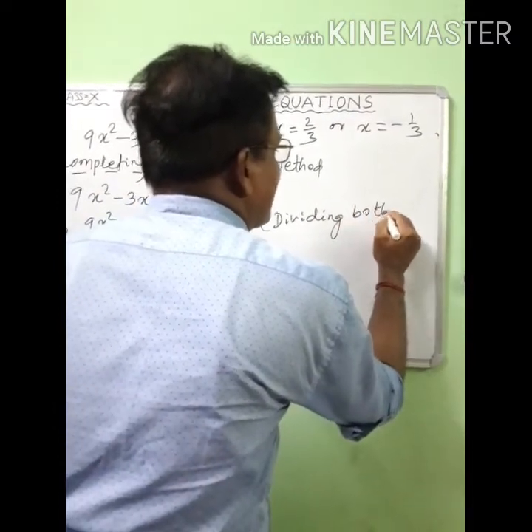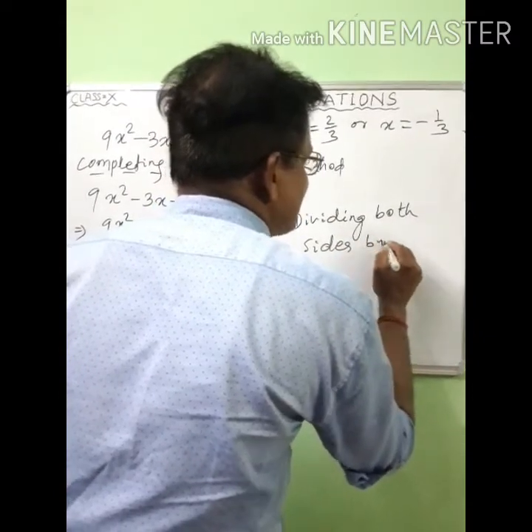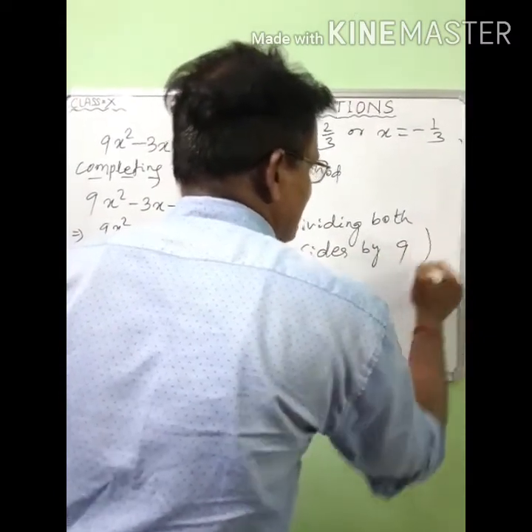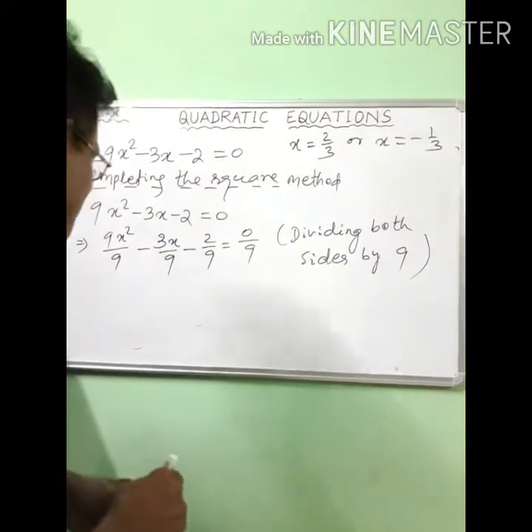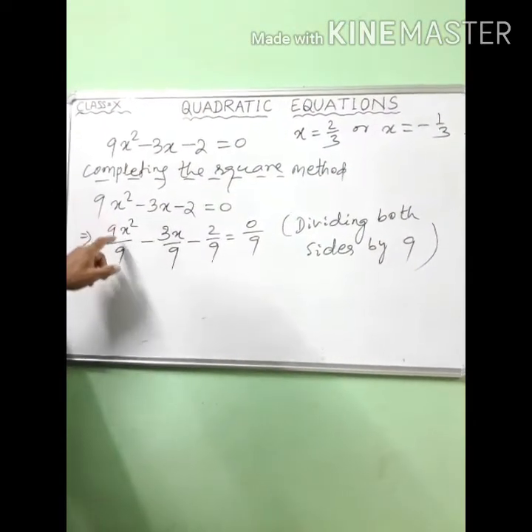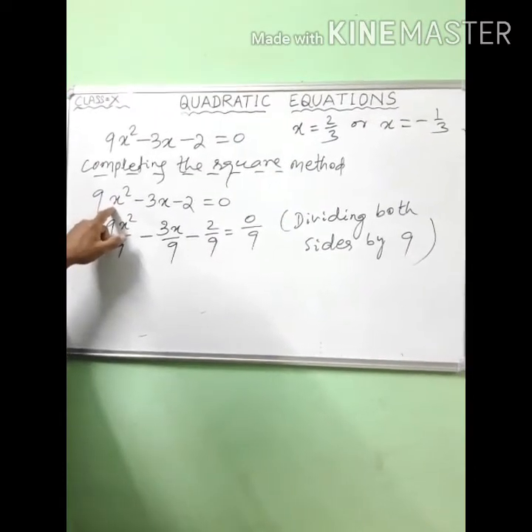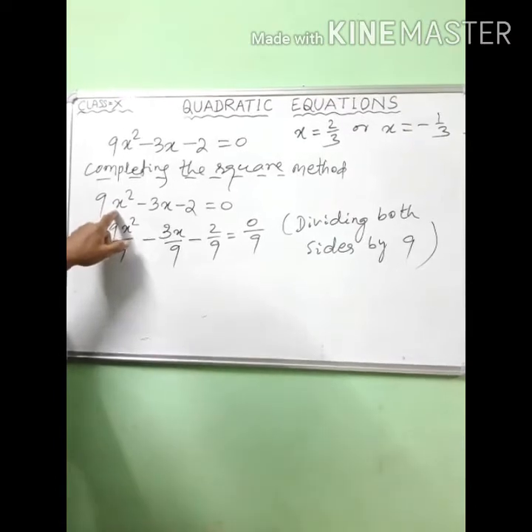Dividing both sides by 9. Why? Because to make this first term a complete square number.